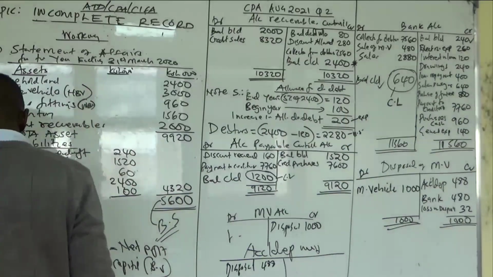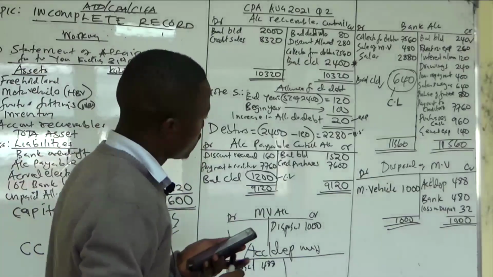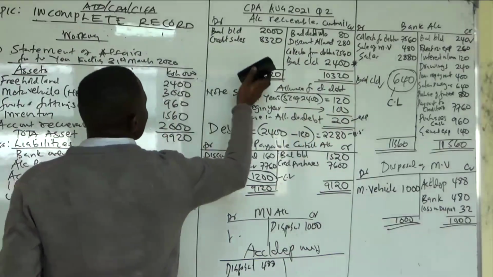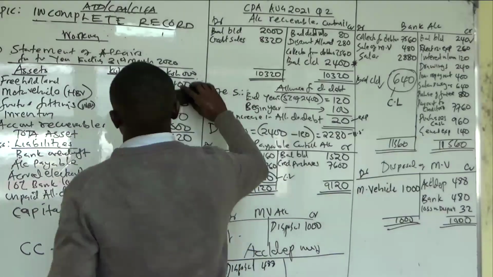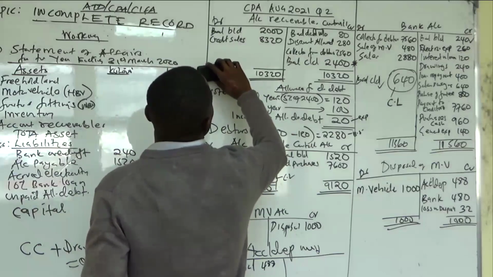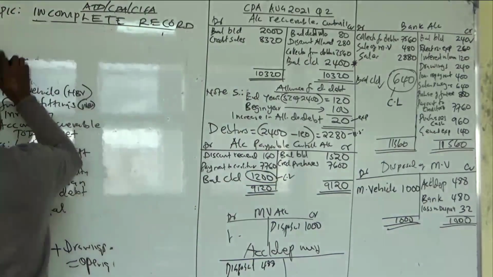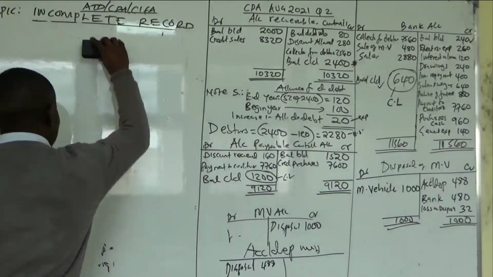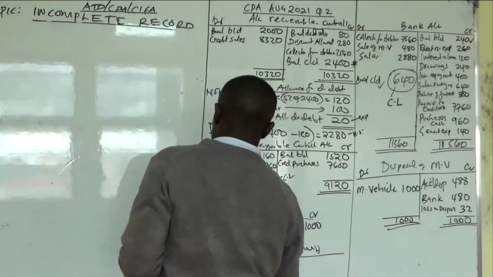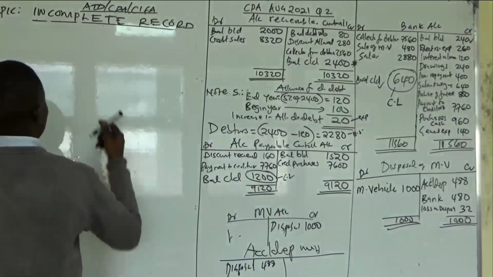It says statement of profit or loss account. The name of the firm is Alpha Omega.